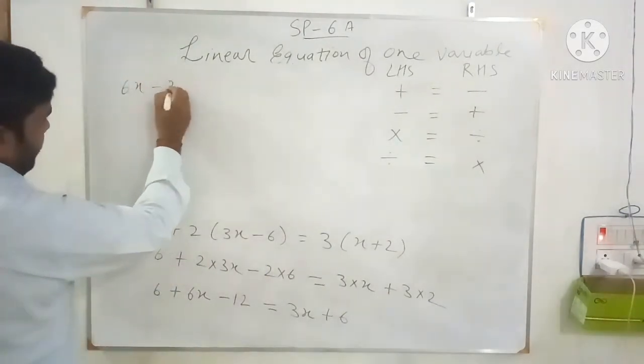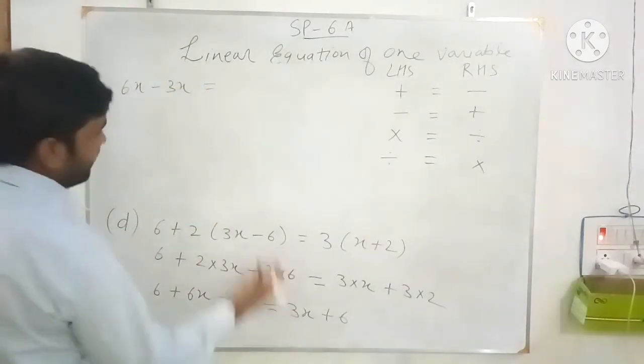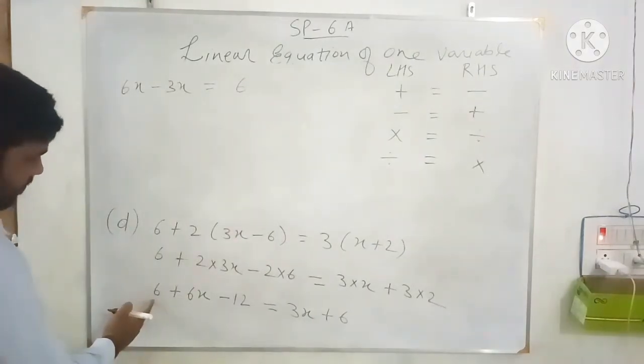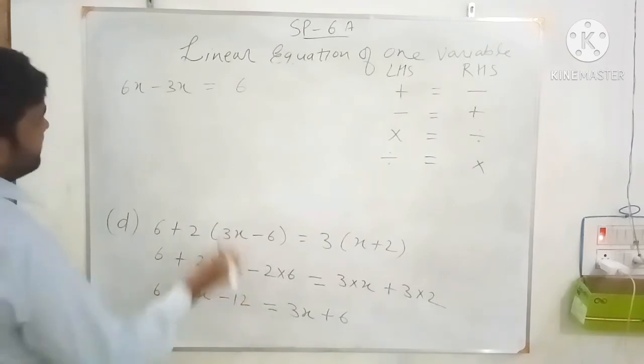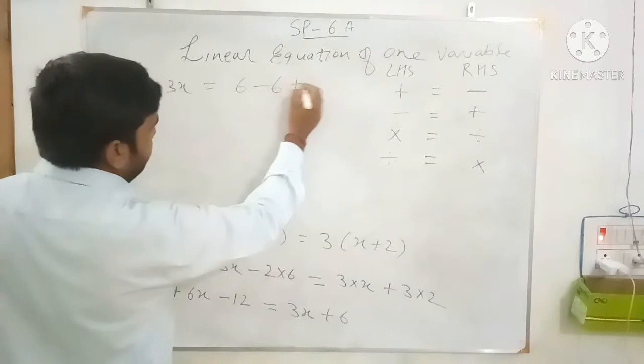So 6x minus 3x. Now all the constants on the left I will transfer to the right hand side. Now the right hand side there is 6, and the left hand side I have the constants plus 6 and minus 12. So plus 6 will become minus 6 and minus 12 will become plus 12.